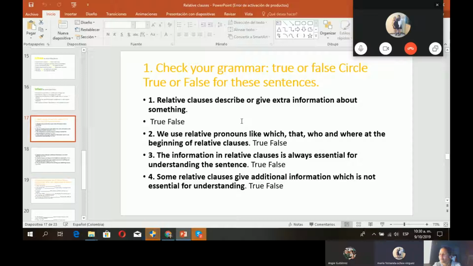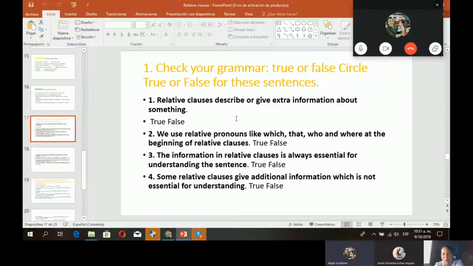True. And Angie? Angie, number 1, relative clauses describe or give extra information about something. What do you choose, true or false?